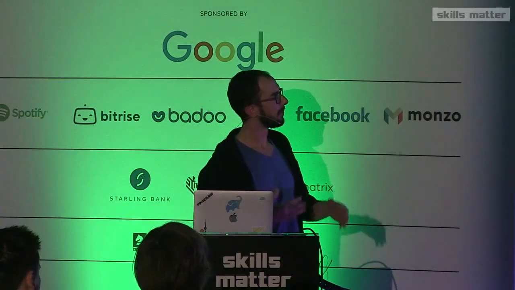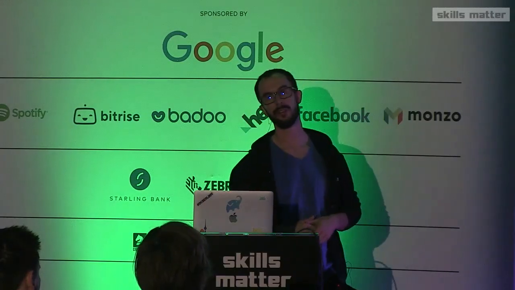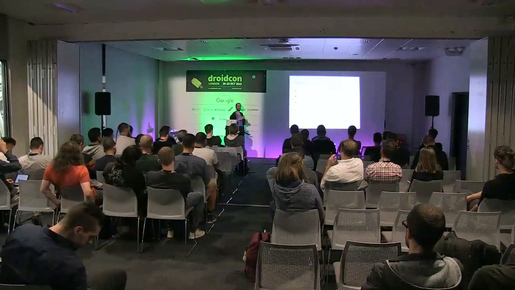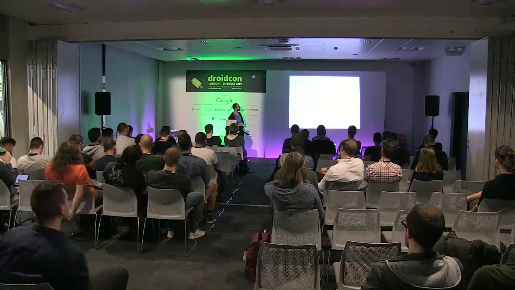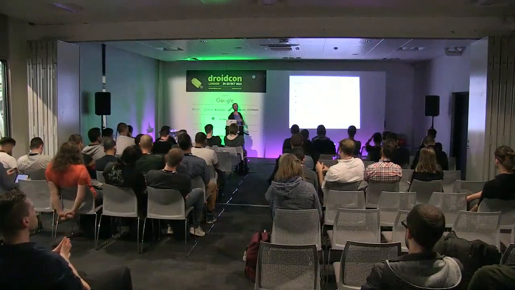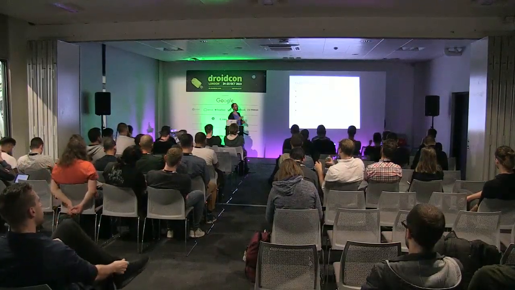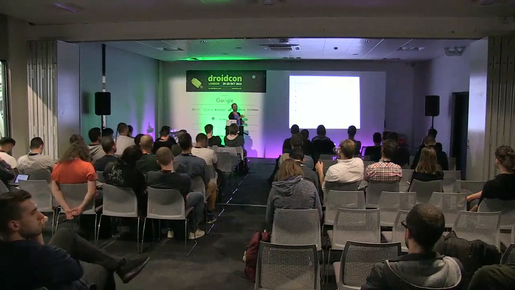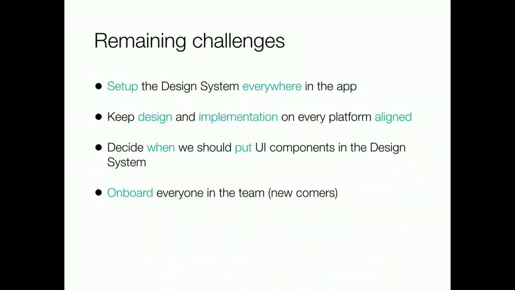But we still don't have a very clear policy, because sometimes we are in a gray zone, or we are not sure if we should put a new component in the design system, because it's only used in one place for now, but it could maybe later be used in other places or in other applications, and we don't know yet.